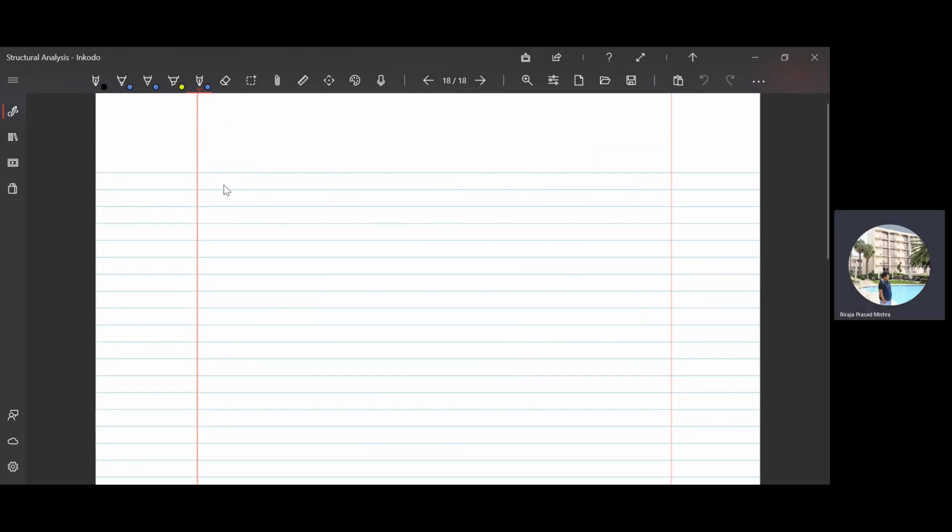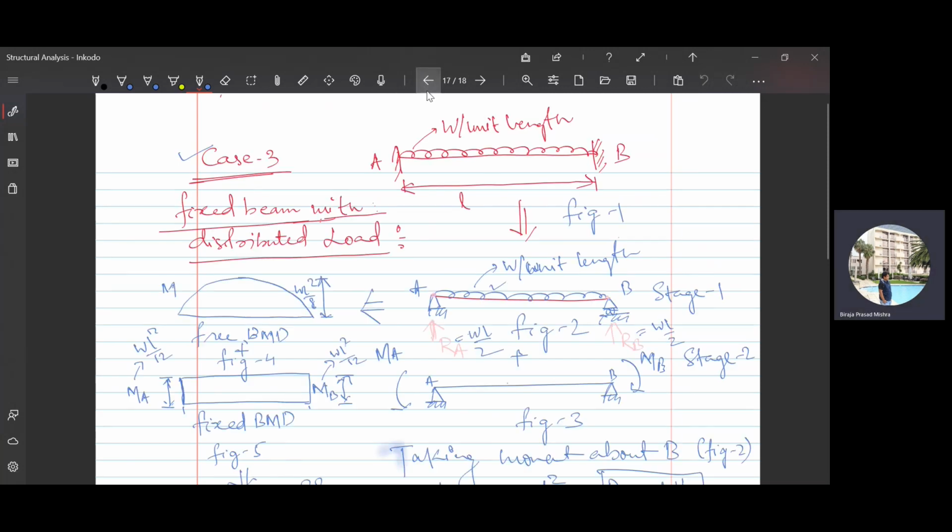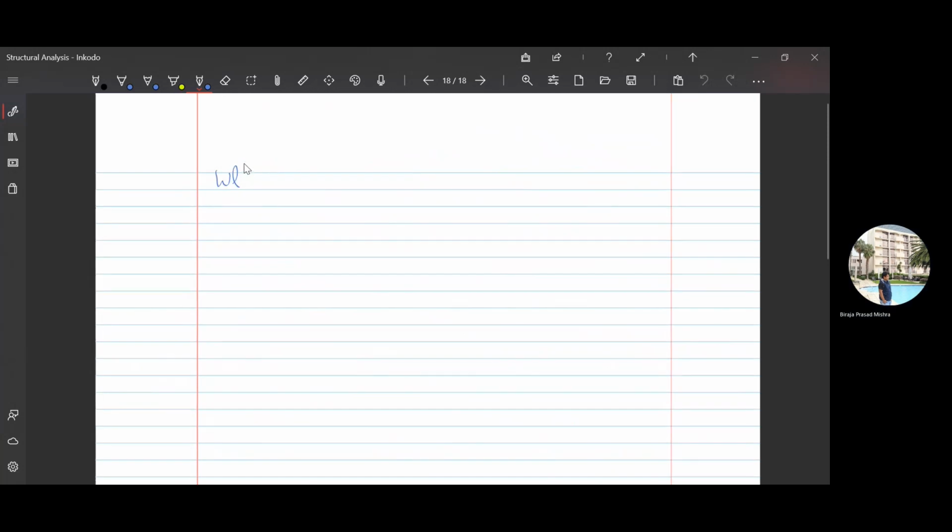So I can write it like this. What I wrote in the first one, please dictate me this one. WLx by 2 minus WL square by 12 minus Wx square by 2 equals to 0. So this W goes to the other side and gets cancelled out. Now find the value of x. Solve for the value of x.